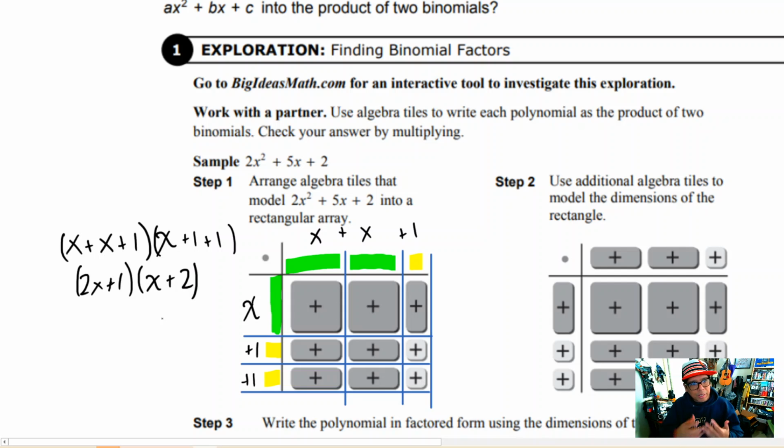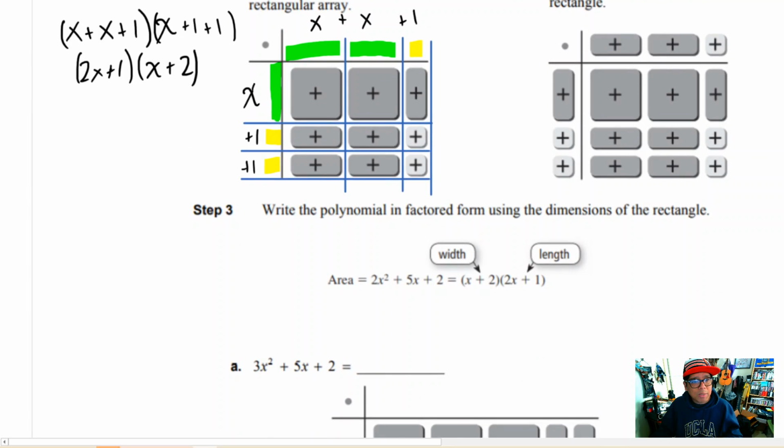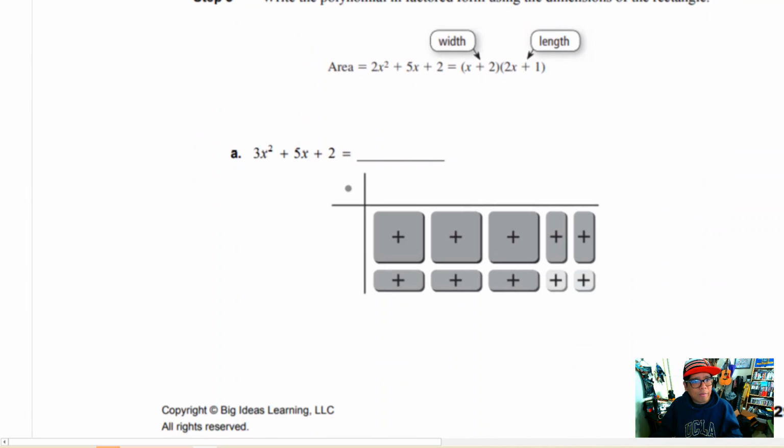Now I know that's not always feasible for us to make rectangles out of our algebra tiles. So sometimes we're going to need to have other methods.